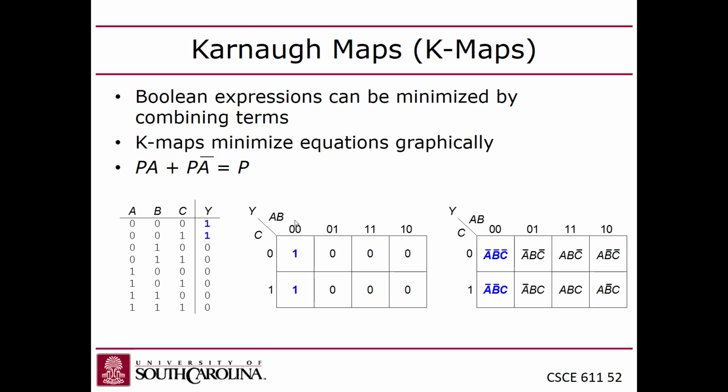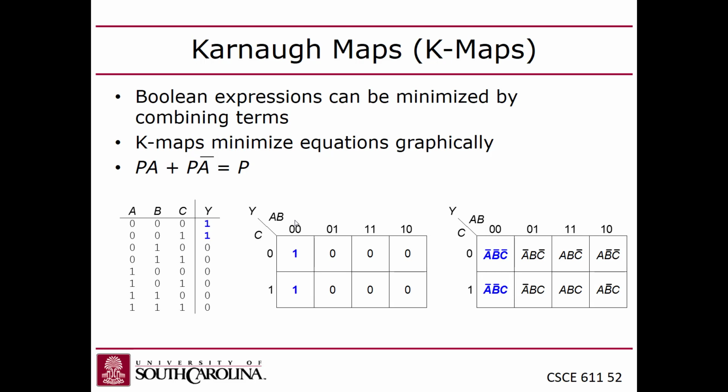And you put the outputs into the cells, which correspond to the output column in the truth table, and the inputs are given on the rows and columns, right? And then the only other difference is that the inputs are ordered strangely. Notice 00, 01, 11, 10 along the columns, and then the rows.